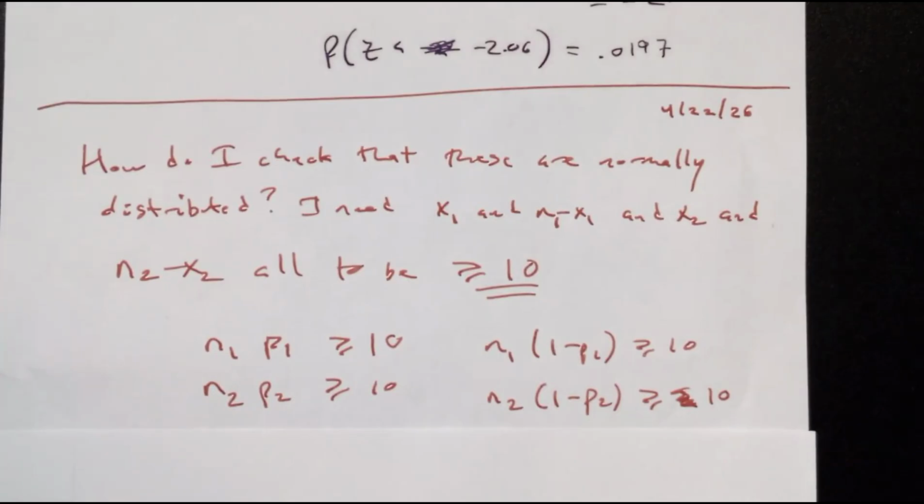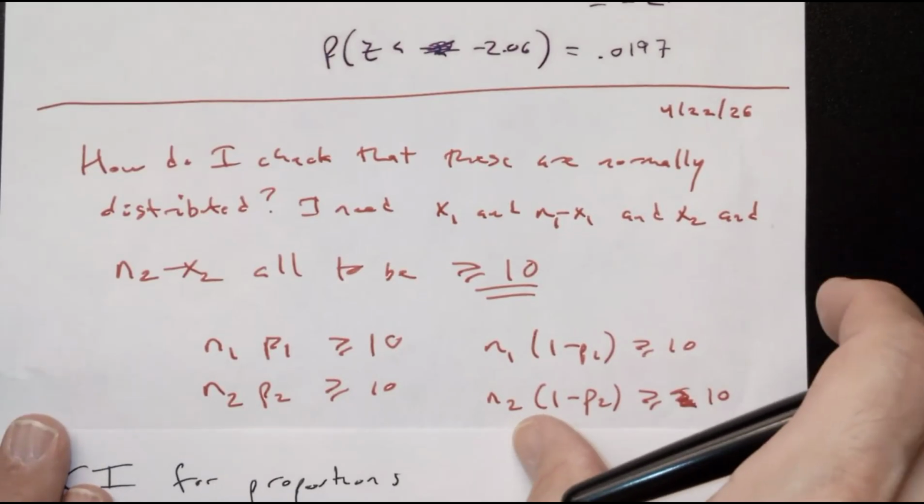The p-value is bigger than 0.01. I should be able to build a confidence interval. Well, really, it's not just for proportions, it's for the difference in two proportions.